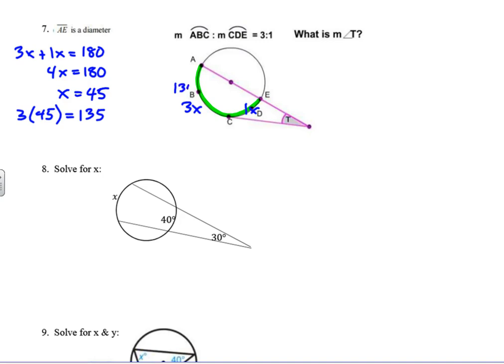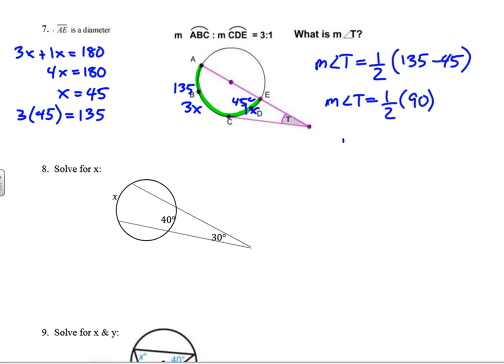So this arc would be 135 and this arc would be 45. So therefore the measure of angle T, which is an exterior angle, is half the difference: 135 minus 45. So the measure of angle T is 1/2 of 90, and the measure of angle T is 45.